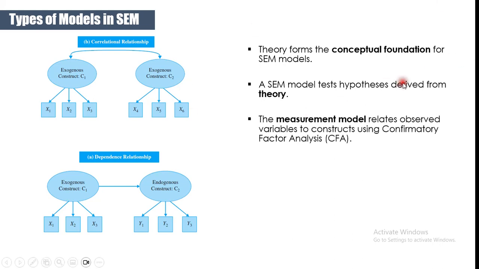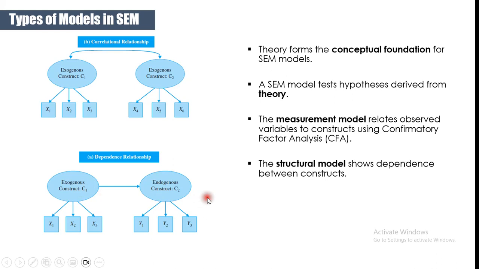The measurement model relates the observed variables to constructs using confirmatory factor analysis. Say for example, this is a construct, these are the items or observed variables. So in the measurement model, we are interested to see the relationship between the construct and their associated items. On the other hand, the structural model shows the dependence between the constructs. Here you can see between the constructs, there is one arrow.